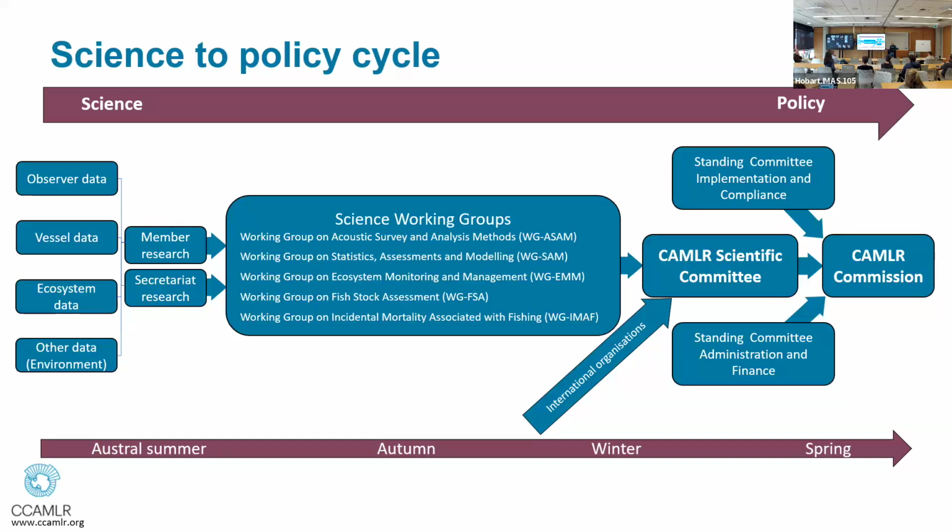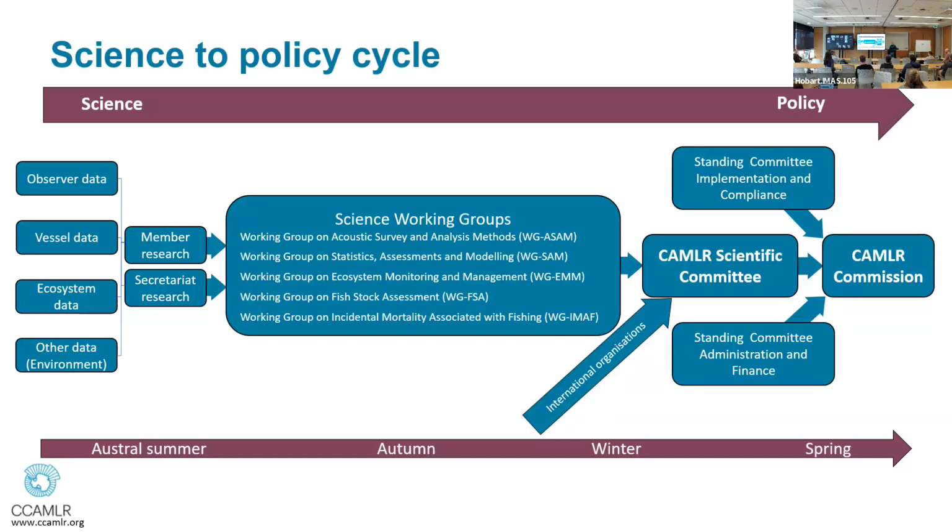These all come in a bit of a sequence as well. So that advice tends to go to the fish stock assessment working group, which looks at the final stock assessments and developing catch limits for the species each year, but also integrating all of the other requests from the other working groups for new types of data to be collected or potential changes to rules to make the stock assessment easier, that kind of thing.